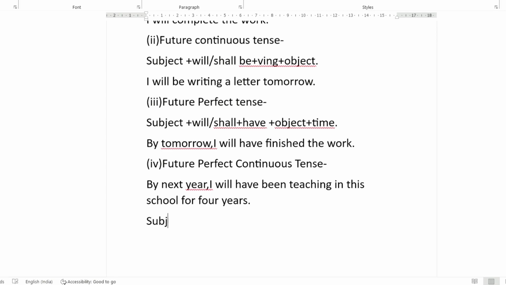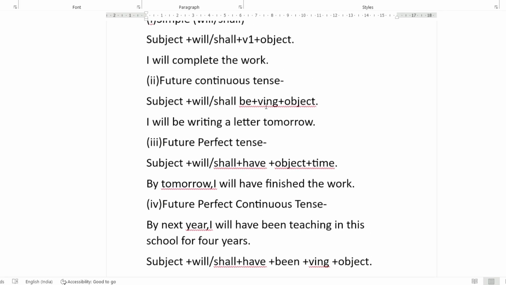So it looks something like this. Subject plus will or shall, have plus been plus VING plus object. अगले साल तक मैं इस स्कूल में 4 सालों तक पढ़ा रहा हूँगा. Okay, so this action started long back. It is continuing now. It will continue for some time in the future also and then complete a particular time period.